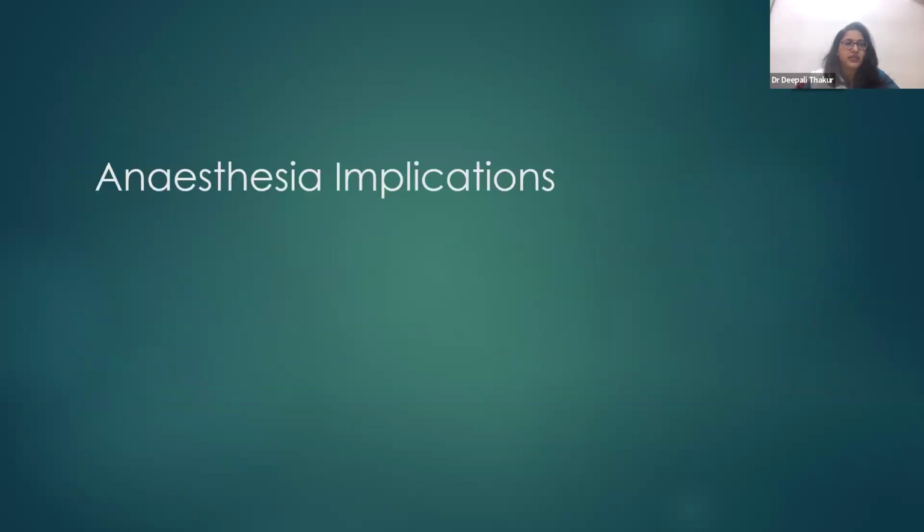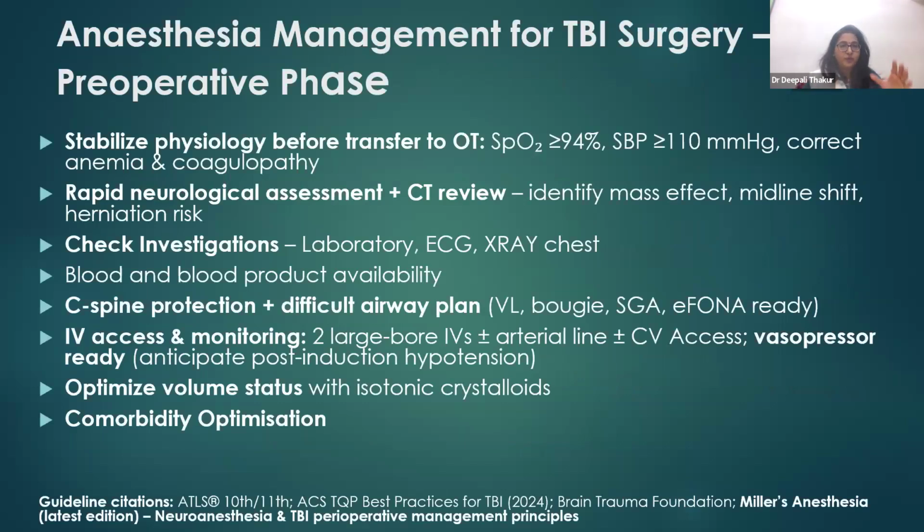So coming to anesthesia implications, pre-operative phase, we have actually seen all the targets, and so stabilized physiology is very important before transferring the patient to OT. Many times it is ongoing resuscitation, and some EDH patients, because they do present to us in GCS 15 in lucid interval, and suddenly they deteriorate, and we have to wheel in the patient to OT.